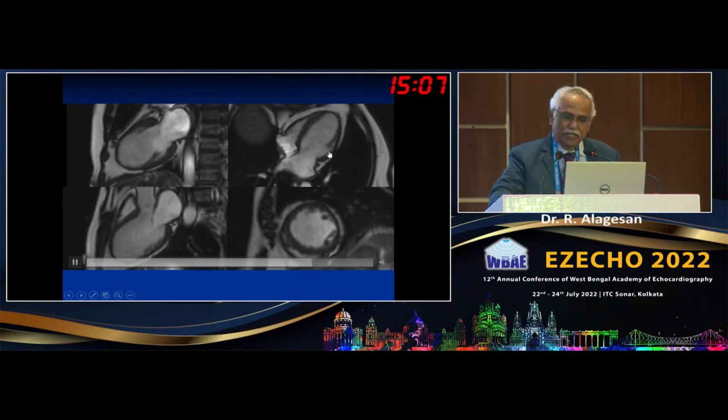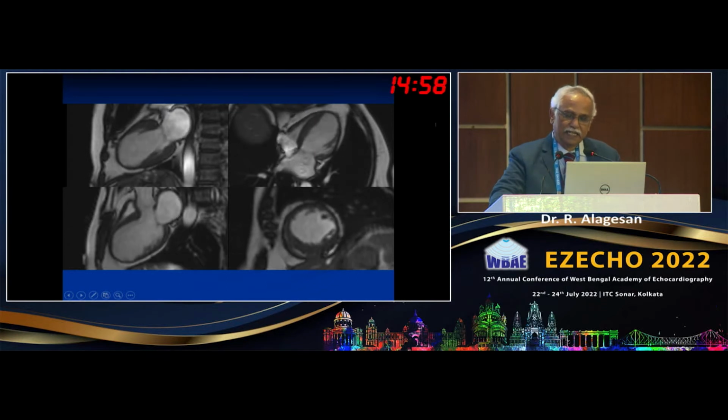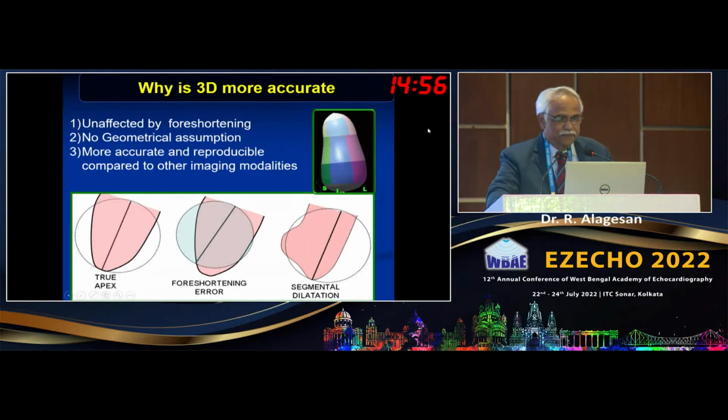So even though it uses the Simpson formula, the measurement is accurate because the endocardial delineation is excellent in almost all the patients. So this again summarizes why 3D is more accurate. It is unaffected by foreshortening. There is no geometrical assumption. It is more accurate and reproducible compared to other imaging modalities.